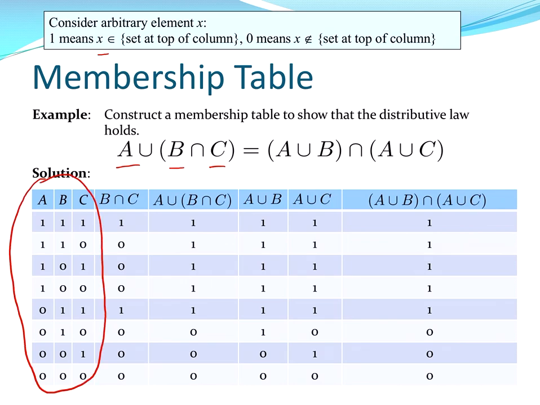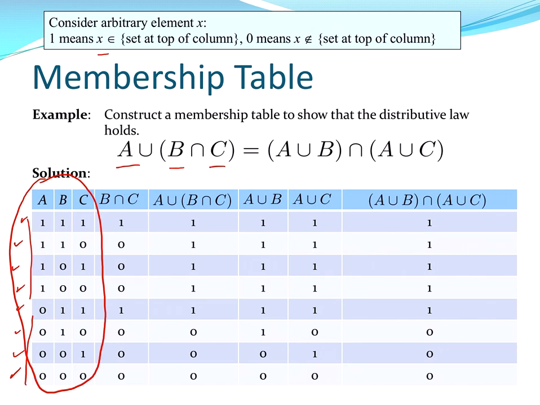And here are all the 8 ways that x can be a member or not a member of the 3 sets simultaneously. It's a member of all of them, of only A and B, of only A and C, of only A, of only B and C, of only B, of only C, and a member of none of those sets. And you can see that the table is constructed just like a truth table or a Boolean table, where we have 4 ones and 4 zeros in the first column, 2 ones, 2 zeros, 2 ones, 2 zeros in the second column, then 1 0, 1 0, 1 0, and so forth in the third column. And that gives us all combinations of possible inclusion in those 3 sets.